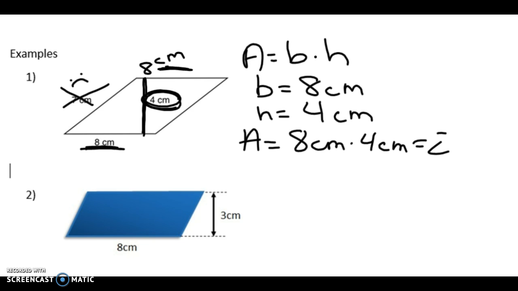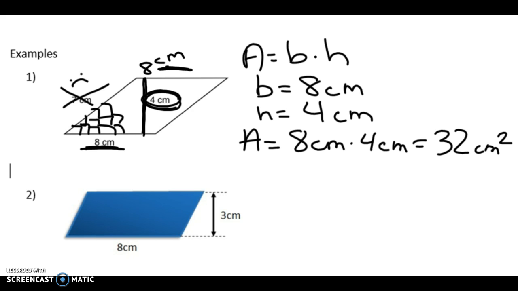That gives me 32 centimeters squared. And remember, when we're calculating area, our units are squared, because that is showing me that if I take little centimeter tiles that are flat, and I laid them out, they're 1 centimeter by 1 centimeter, it would take 32 of them to fill in this whole shape.